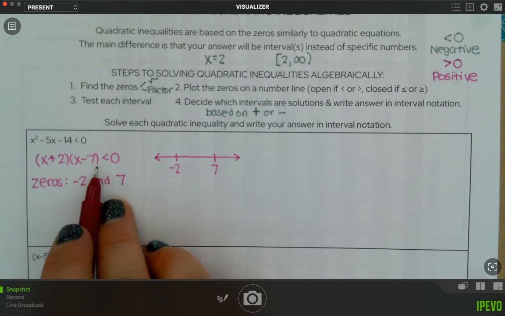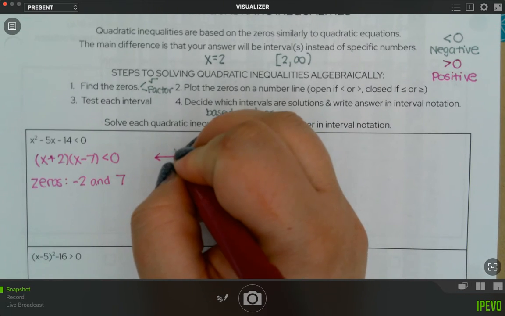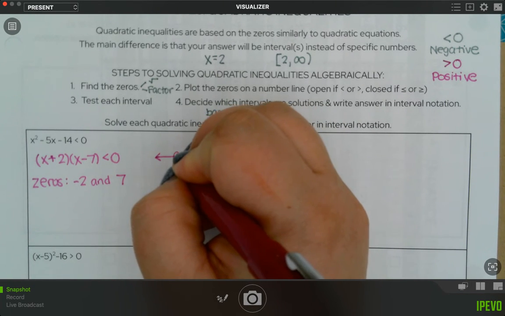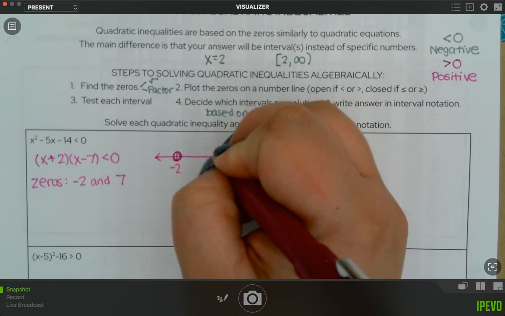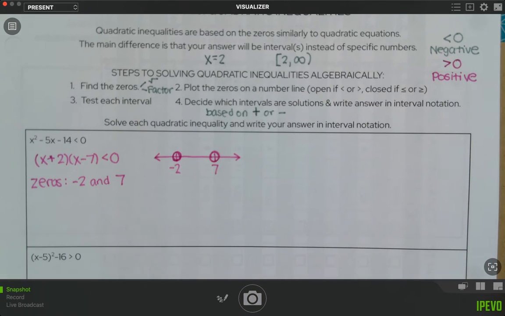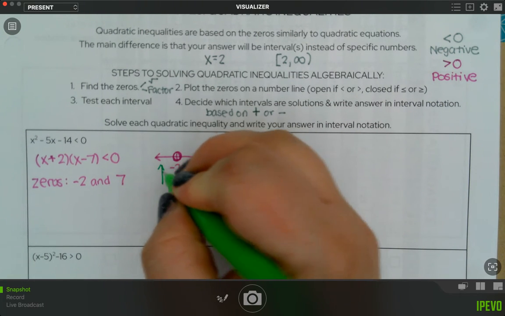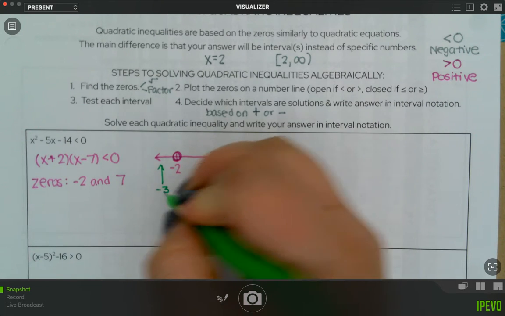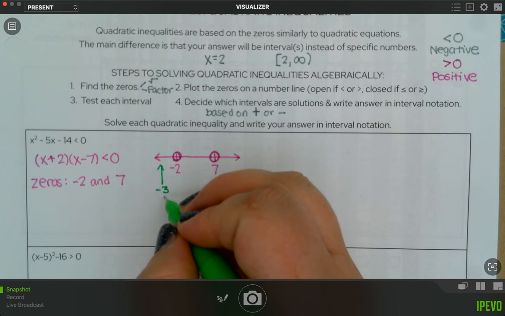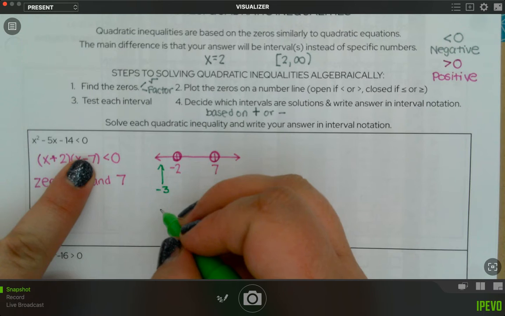And since this is strictly less than, not equal to, I am going to go ahead and put an open circle on both of them. And then I'm going to pick a number in each interval to test. So over here on the left side, I'm going to pick the number negative 3. And I'm going to plug it into each factor.